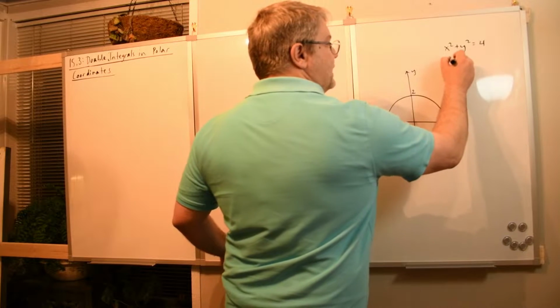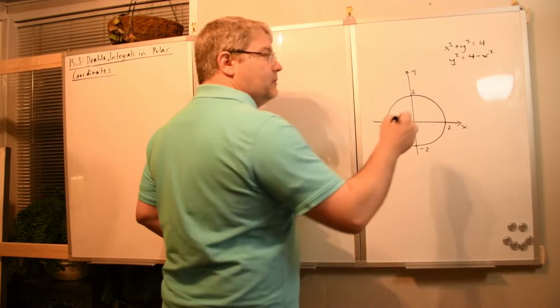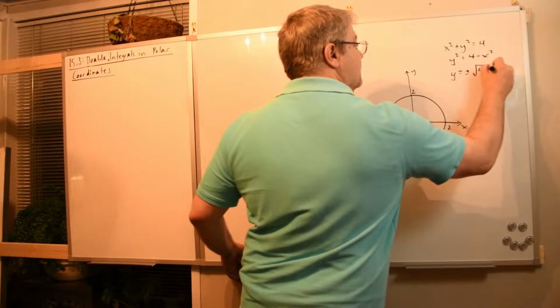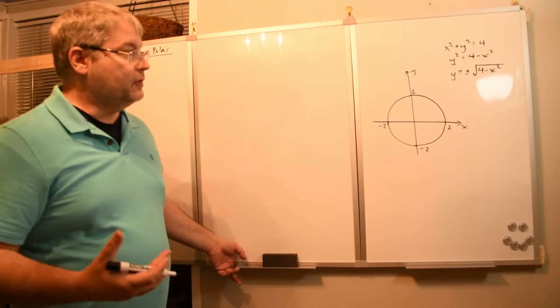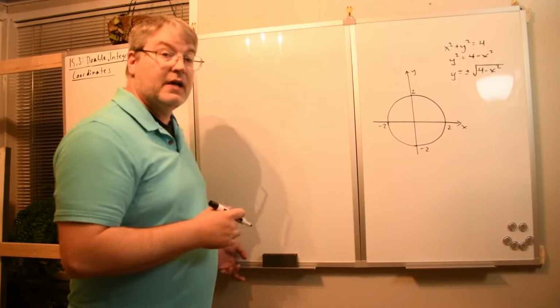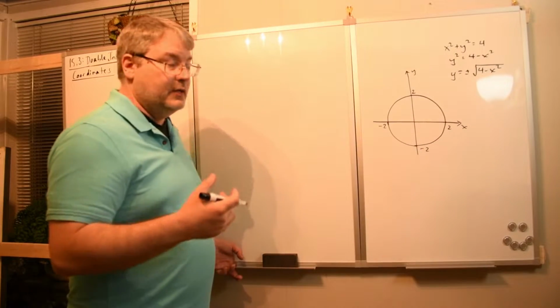If you solve for y, of course we get y squared is 4 minus x squared. So y would be plus or minus the square root of 4 minus x squared. Now, of course, the positive root of 4 minus x squared gives you the equation for the top half of the circle, and y equals negative root 4 minus x squared gives you the equation for the bottom half of the circle.